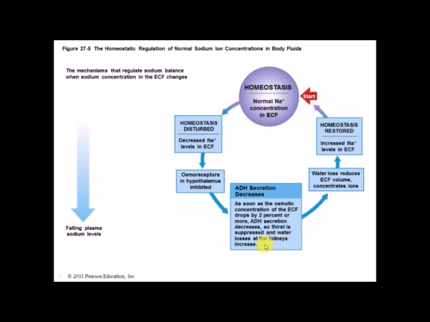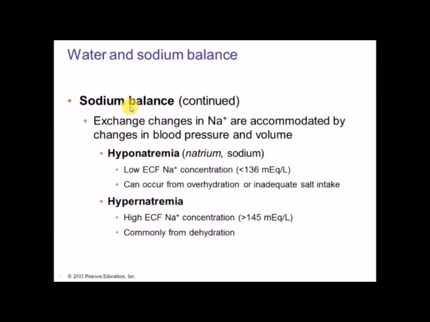It's going to suppress your thirst, and you're going to start releasing more water from your kidneys. Water loss reduces your extracellular volume. It's going to concentrate the ions in your body water, and you're going to have increased sodium levels in your extracellular fluid, returning you back to homeostasis.